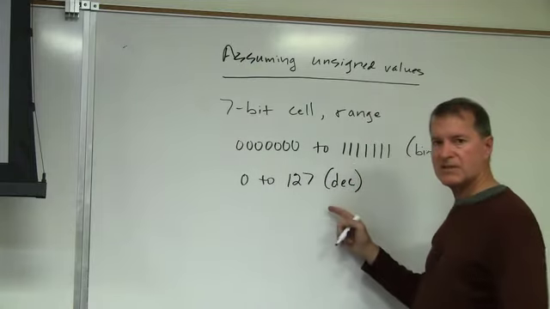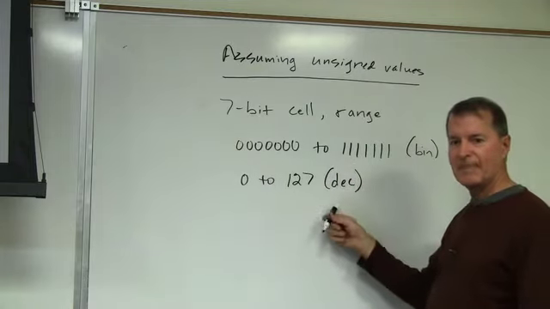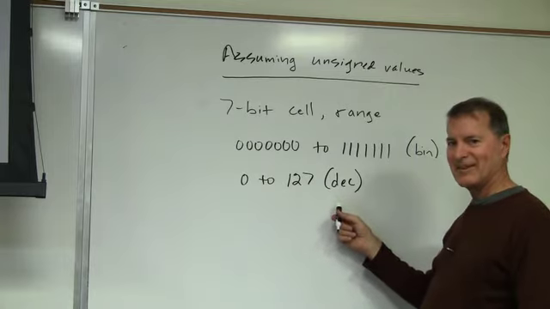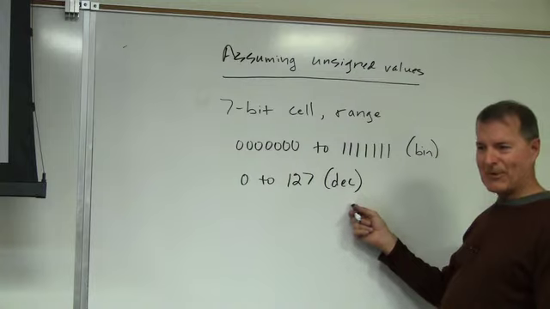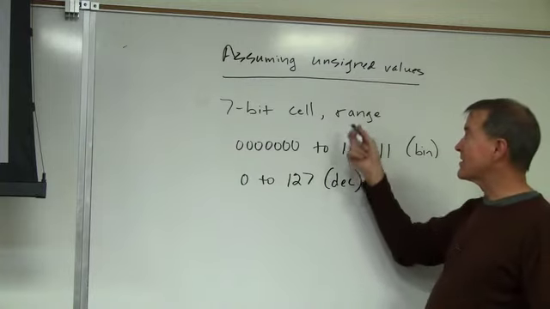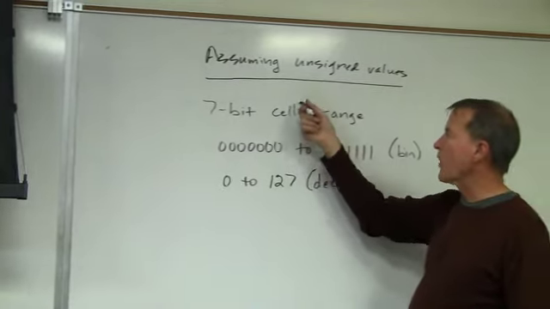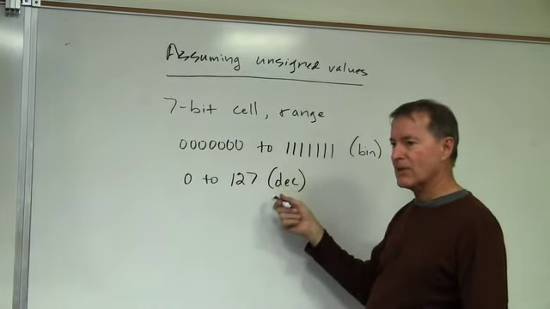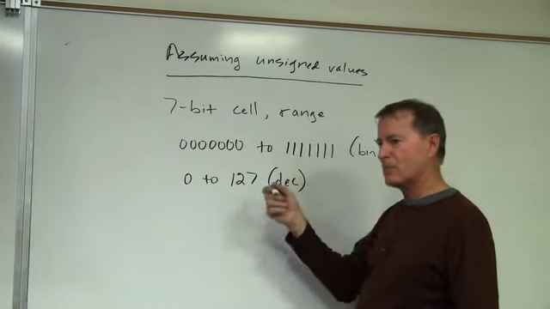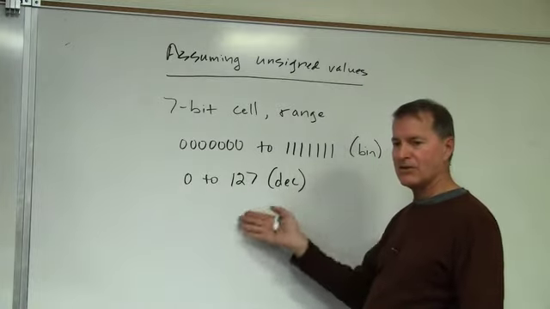Does everybody see this? Are we good? So this is how we determine the range of unsigned values in a 7-bit cell. You just write it down in binary and convert.